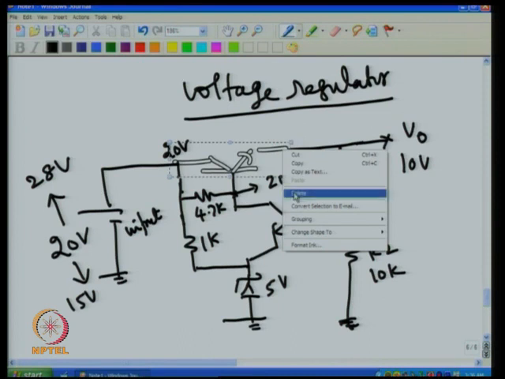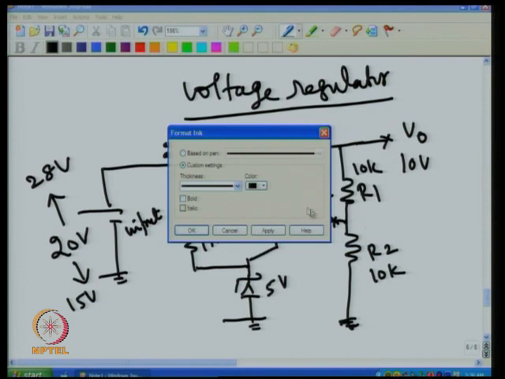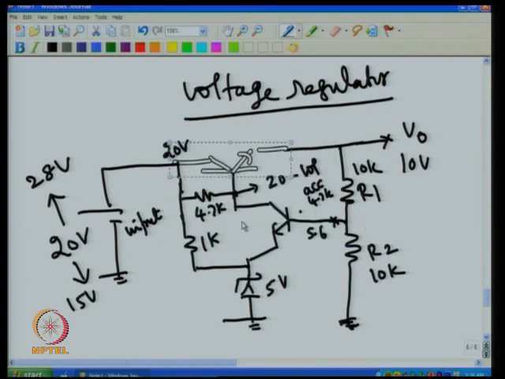So if this is coming to 10.6, then this will automatically come to 10, because the base emitter voltage has to be only 0.6. So if it is 10.6, it will come to 10. If it is 20, it will come to 19.4.